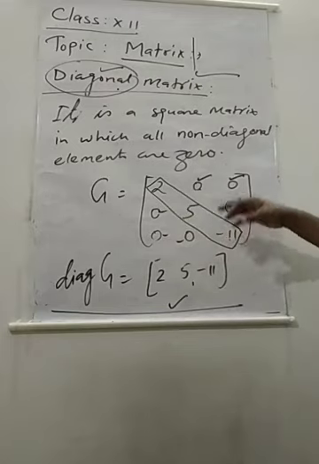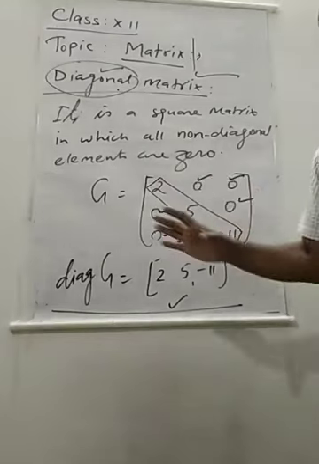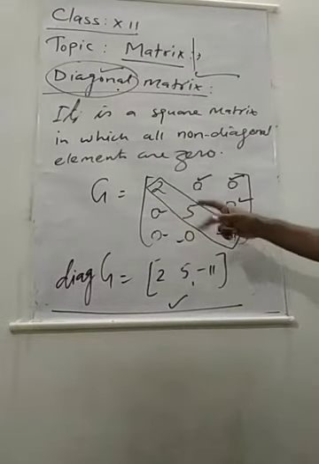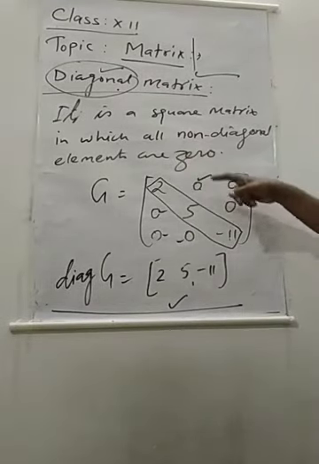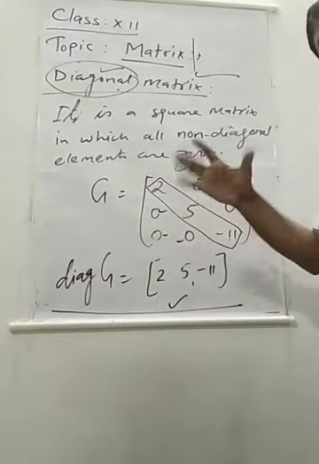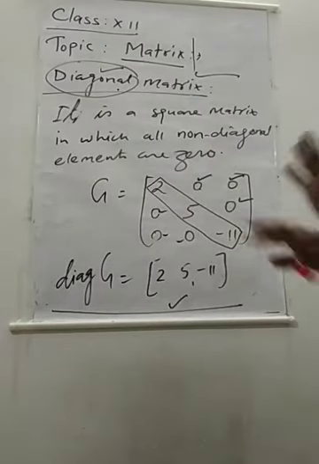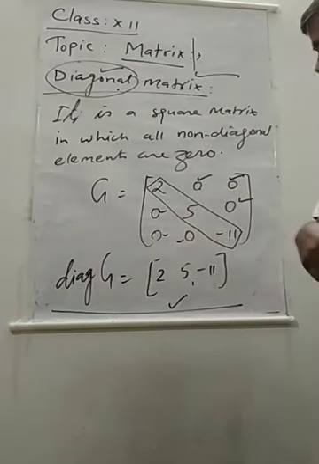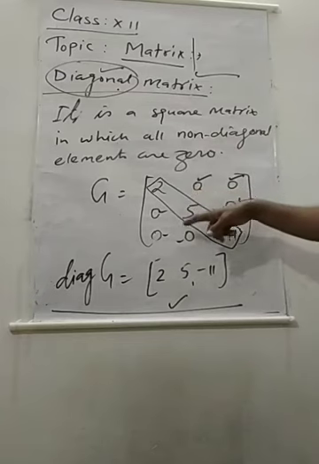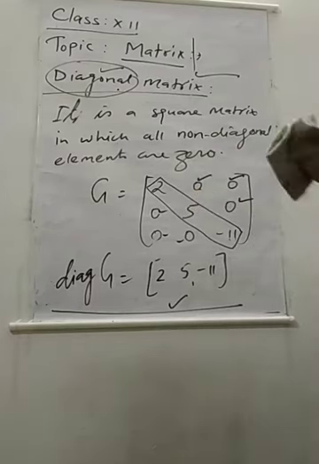These elements can also be zero, either all or some. Nothing is said about these elements, whether they are zero, all zero, or not even one zero. No matter. The main concern is that non-diagonal elements must be zero.